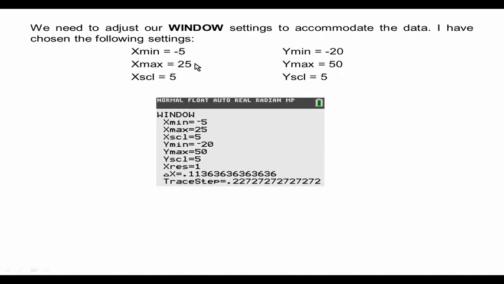I've chosen the following settings because remember, from the table of values, you can figure out the max and min and so forth. So I'm going to let my x min be -5, my x max be 25, my x scale is going to be 5, y min of -20, y max of 50, and y scale of 5 as well.